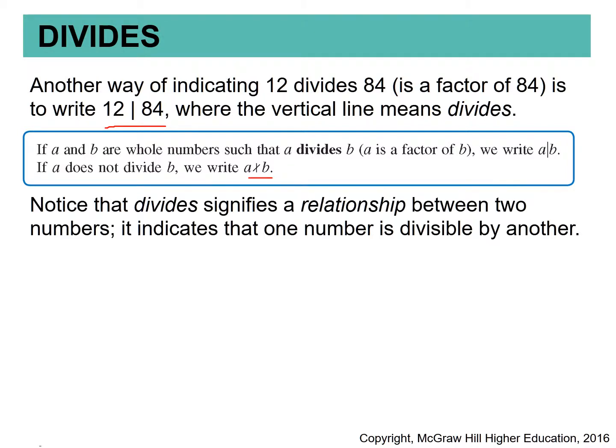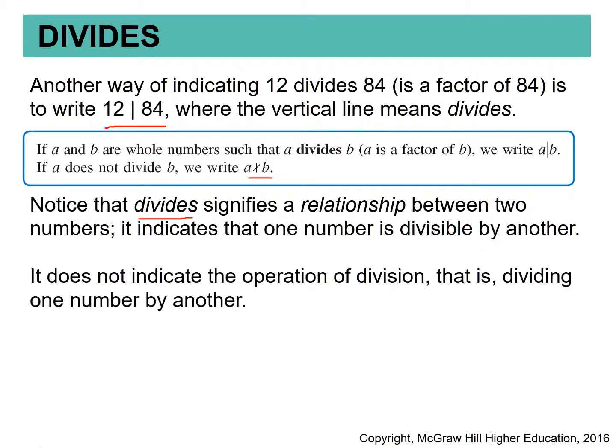So divides here doesn't indicate we're doing an operation of division. What it says is just the relationship between the two numbers: one is a factor of another. So you wouldn't use this symbol for divides to indicate division. It does not indicate the operation of division.